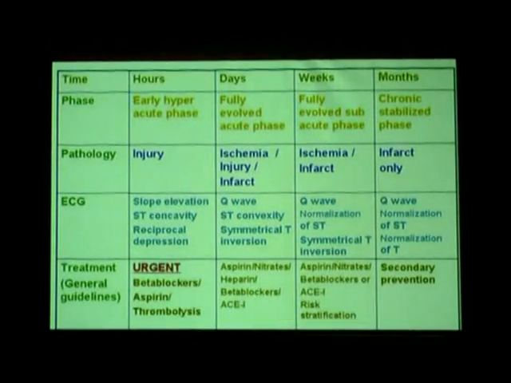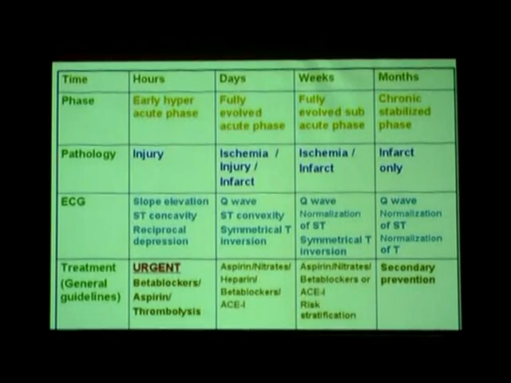Then you have the evolution of ST elevation myocardial infarction. The phases are the hyperacute phase, fully evolved phase, fully evolved subacute phase, and chronic stabilized phase. In the hyperacute phase, the whole thing is epicardial injury.